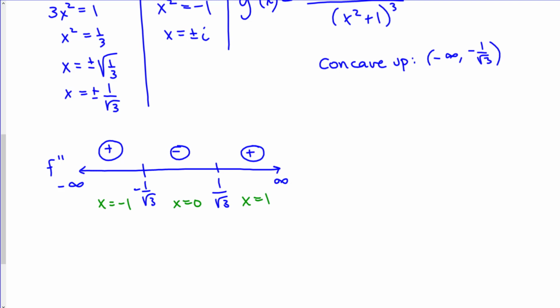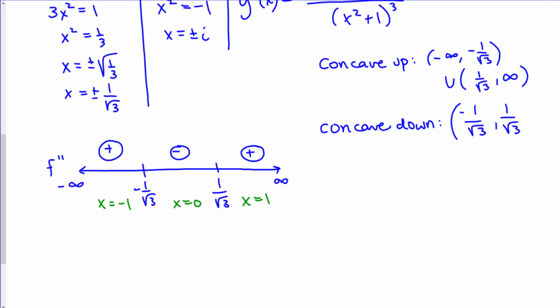And then union from 1 over square root of 3 to positive infinity. Then I am concave down on the interval in between those points: -1 over the square root of 3 and +1 over the square root of 3.